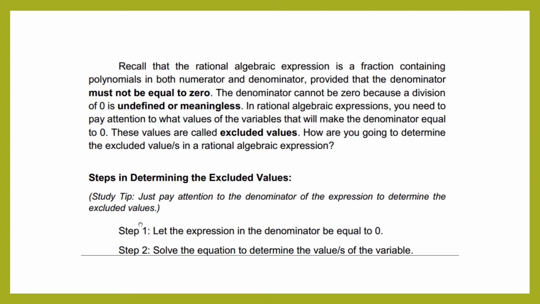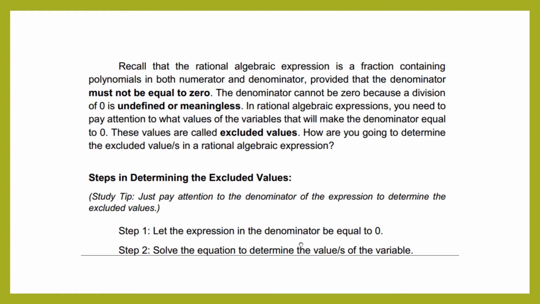So here are the steps in determining the excluded values. So step 1, let the expression in the denominator be equal to 0. So kung gagawin natin, unang step, kailan ba magsi-zero yung denominator, or ito yung mga ways para ma-determine kung excluded ba yung values.